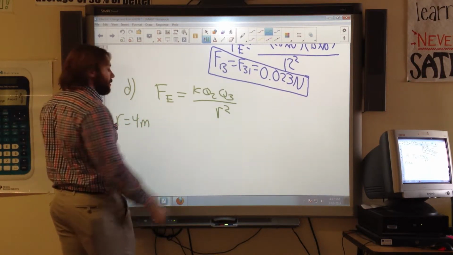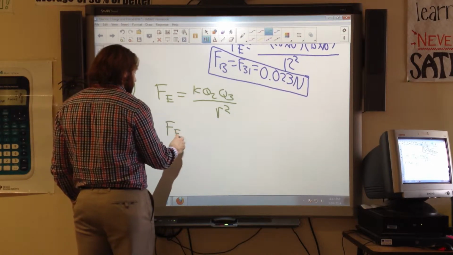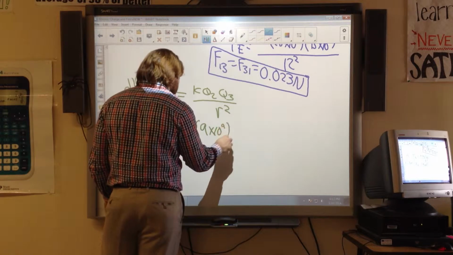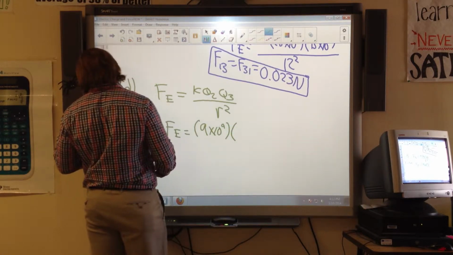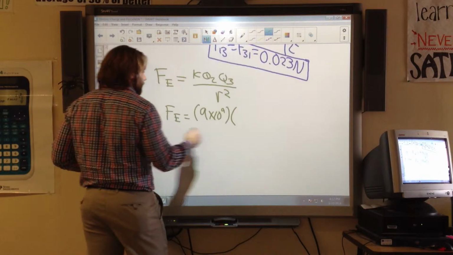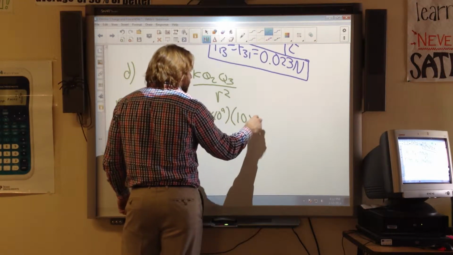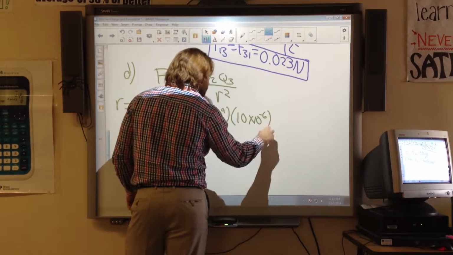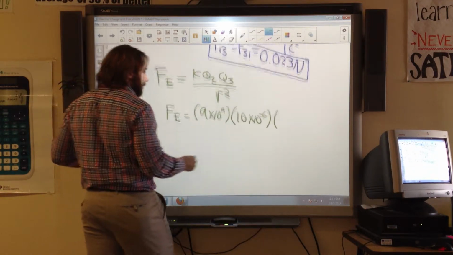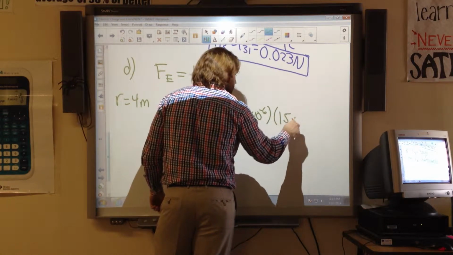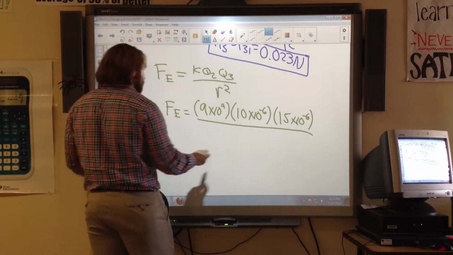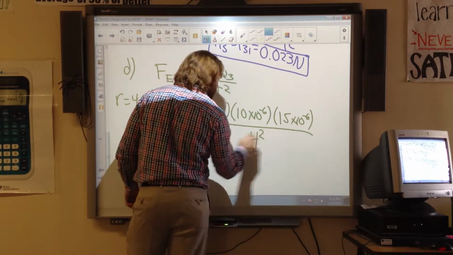We use the same givens as before. FE equals 9 times 10 to the 9th times Q2, 10 times 10 to the -6, positive because it's absolute value, times Q3, 15 times 10 to the -6, divided by our radius, which is 4 squared.